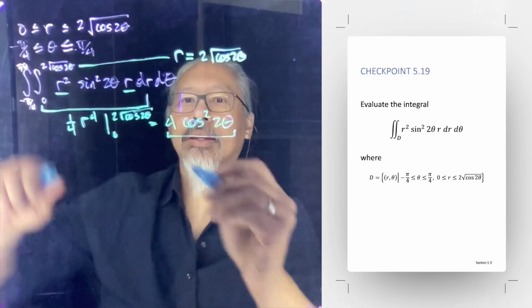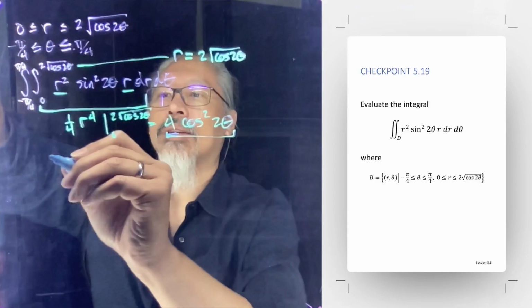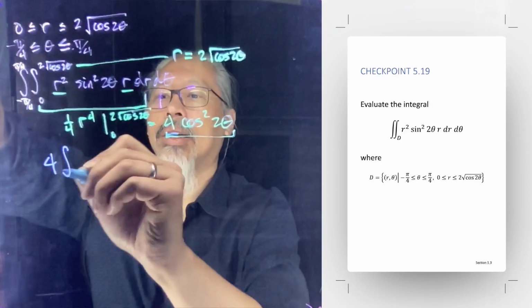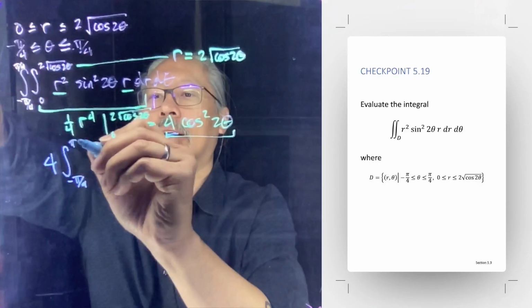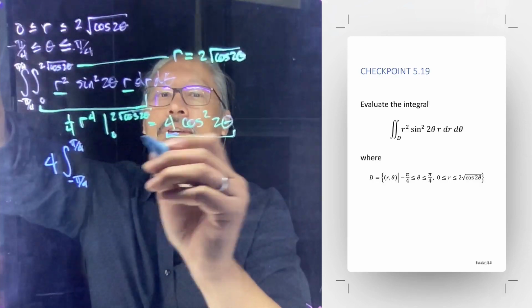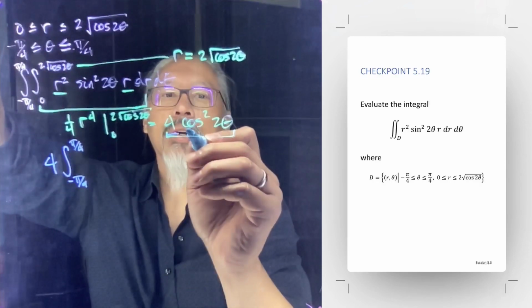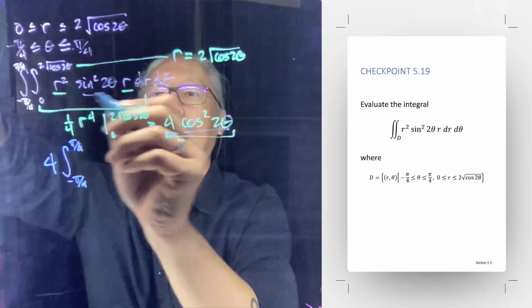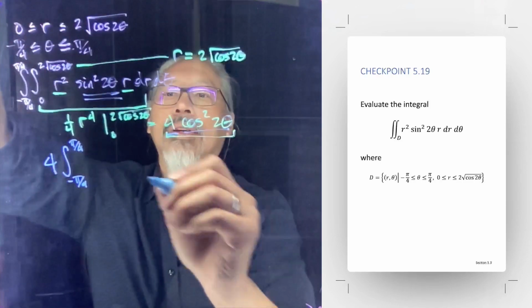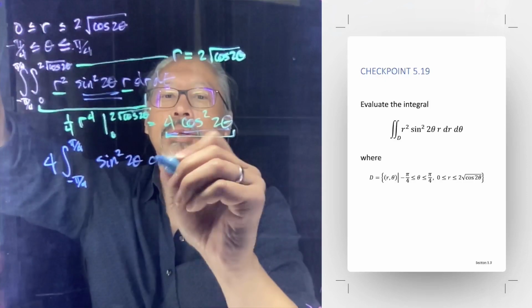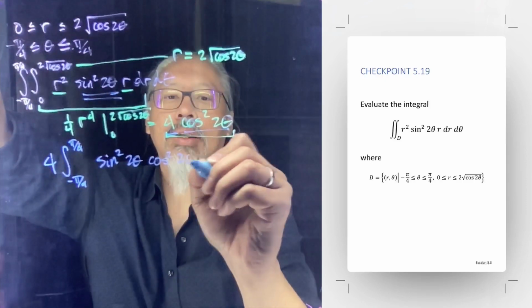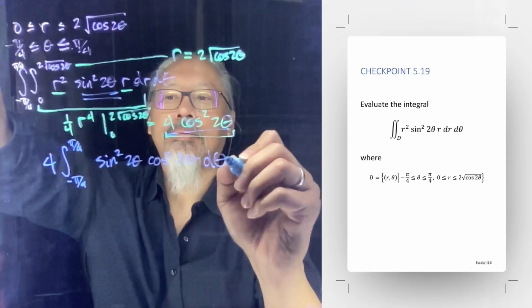Let's take the 4 out. So we will have a 4 outside, and we're going to integrate from minus pi over 4 to pi over 4 this function, and then we also have this function: sine squared 2 theta times cosine squared 2 theta d theta.